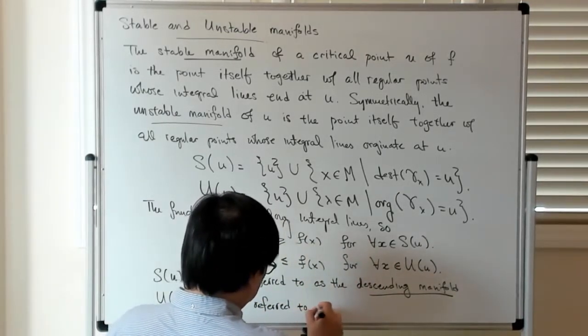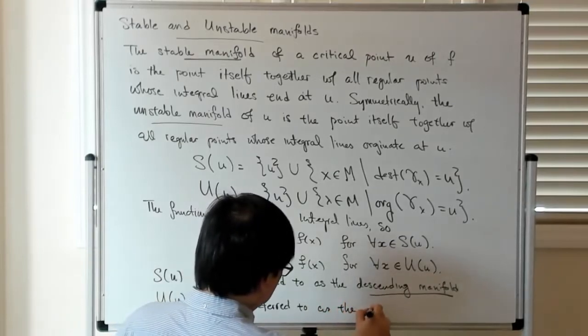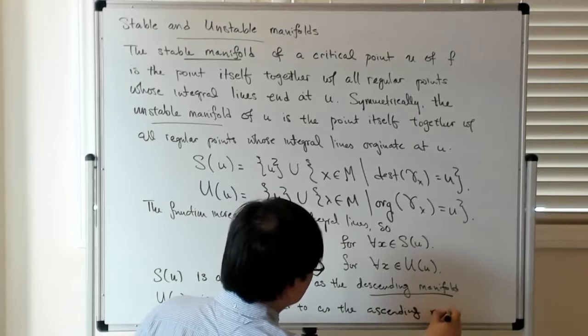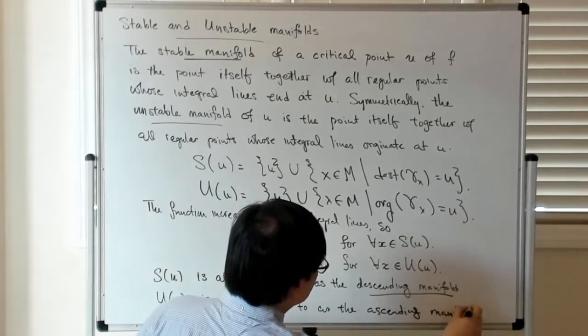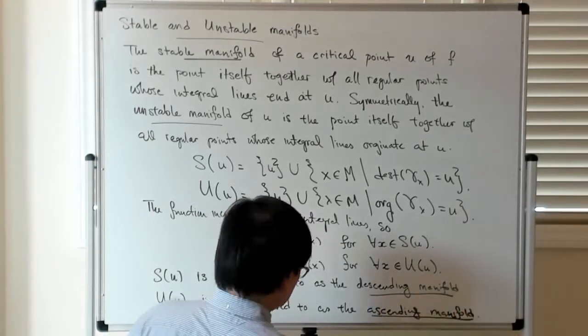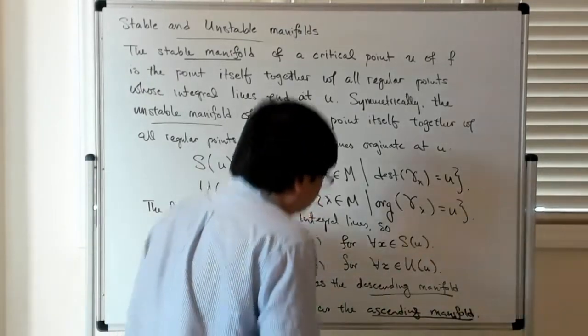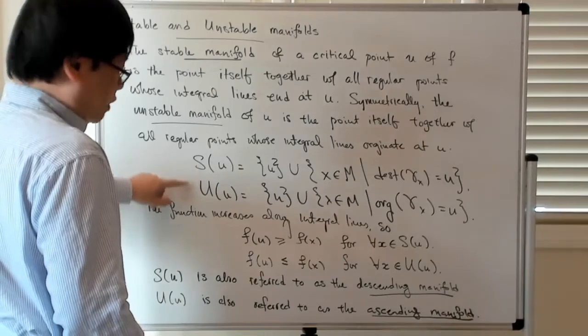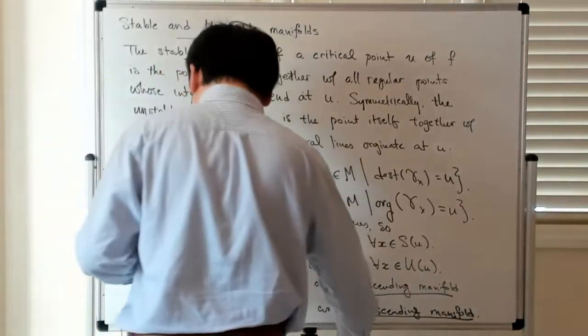The unstable manifold is referred to as the ascending manifold. All right, so now let's say a little bit about what these things look like.